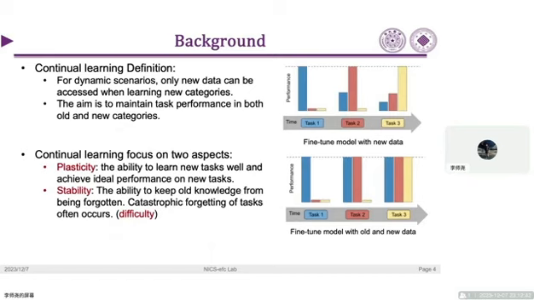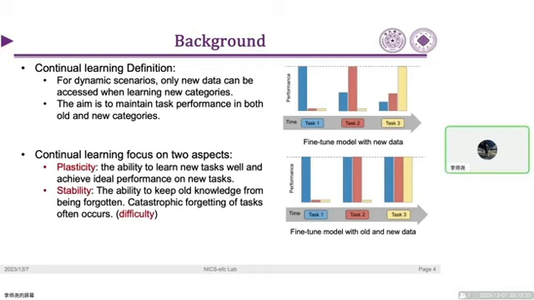Next, let's talk about the definition of continuous learning. In dynamic scenarios, only new data can be accessed when learning new categories. The aim is to maintain task performance in both old and new categories. Continuous learning focuses mainly on two aspects.